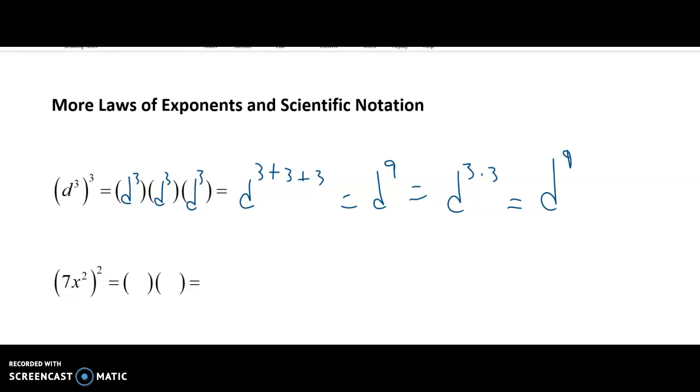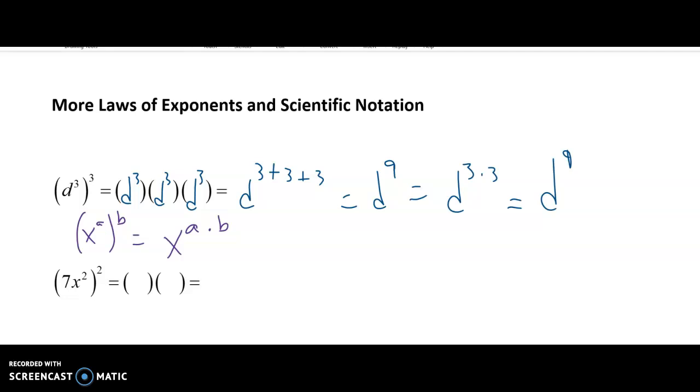For any powers to a power, we'll say any number x to the a, to another power b. We can say that's x to the a times b. You multiply the exponents.